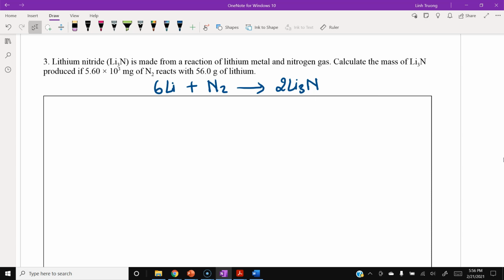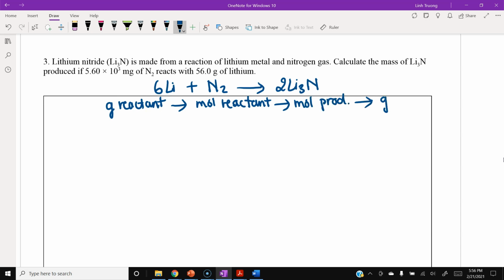Your calculation should go from gram of reactant to mole of reactant, because if your number is not in mole, you want it to be in mole. Then you go to mole of the product, and lastly back to gram of the product. In this case, our product is lithium nitride.